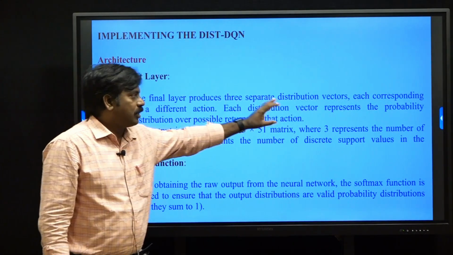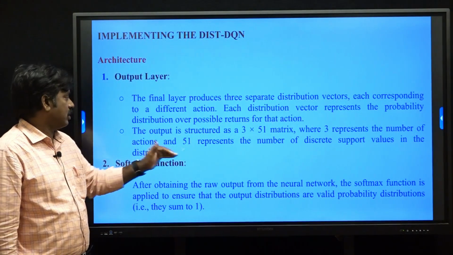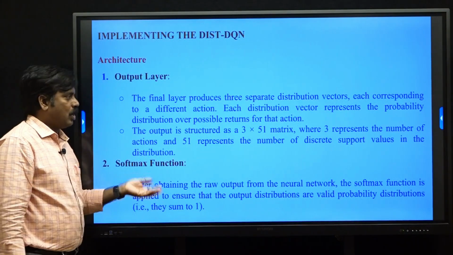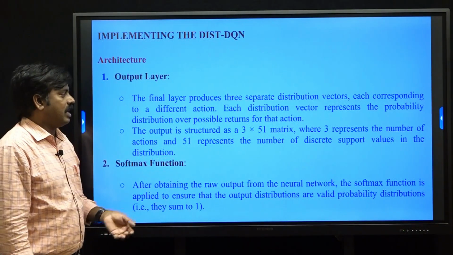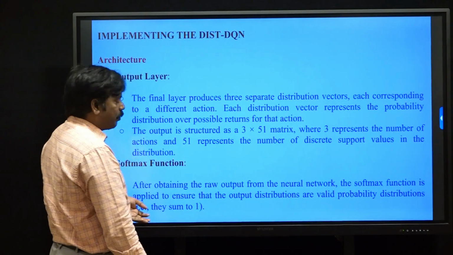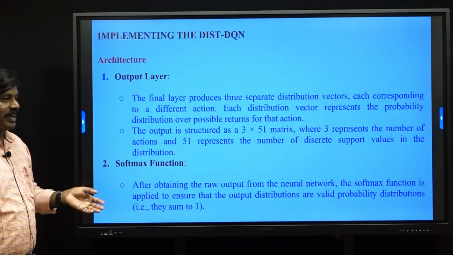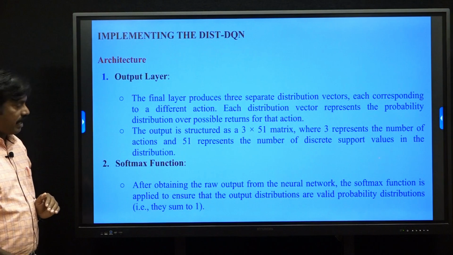Each distribution vector represents the probability distribution for the possible returns of that action. In this example, the output is structured as 3 by 51, where 3 is the number of actions and 51 is the number of discrete support values in the distribution. We use the softmax function for the probability distribution. This is the output layer architecture.